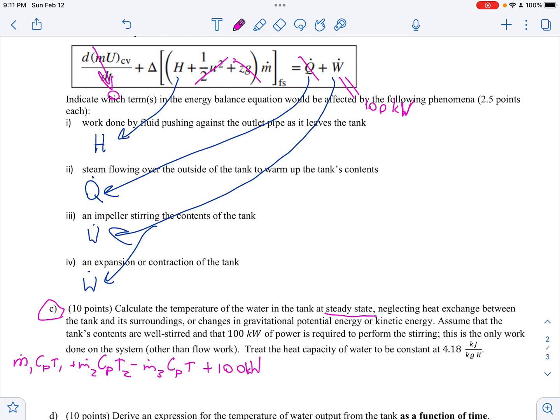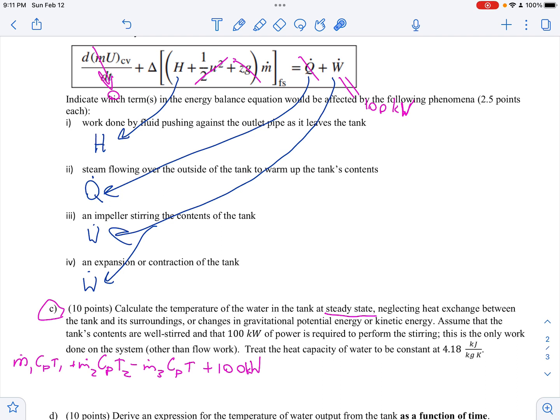Now notice that I didn't actually imply a reference temperature here. I actually should have said T minus T ref for each of these terms because enthalpy could be considered relative to some reference state.